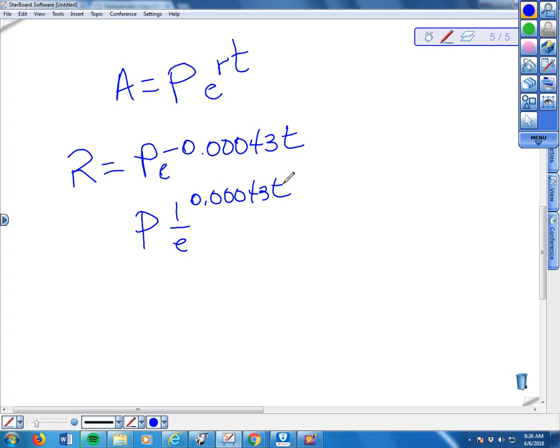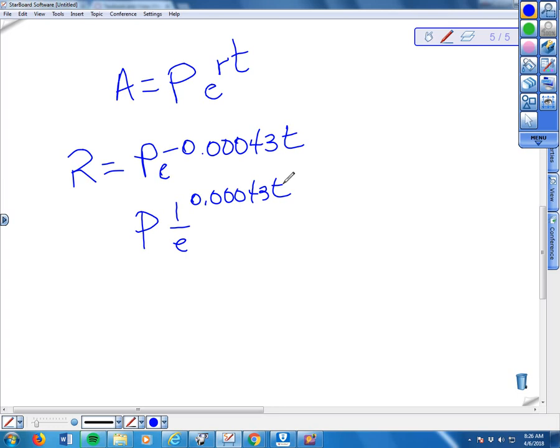So if I have 1 over that number, isn't that number here less than 1? And if that number is less than 1, we know it's decay. So if I have a negative exponent and the number is greater than 1 to start with, I know it's going to be a decay problem. And it makes sense. Radioactive material decays. It doesn't grow.